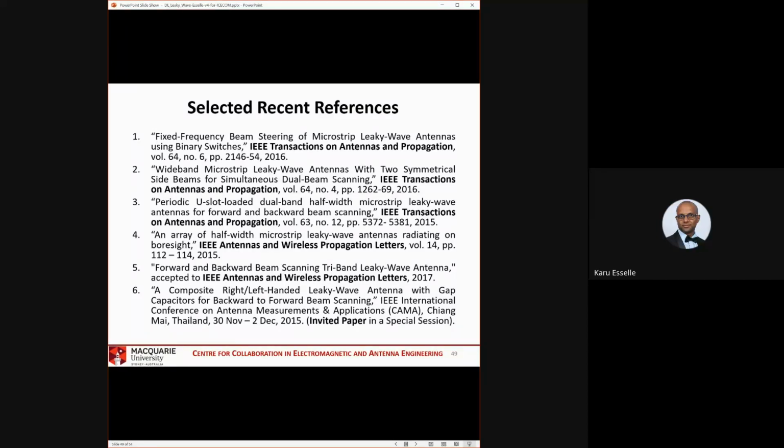Yes. In some simulations, we put a model of whatever the diode or the switch. And you can see a difference in some cases due to the losses in the diode, especially in the gain.